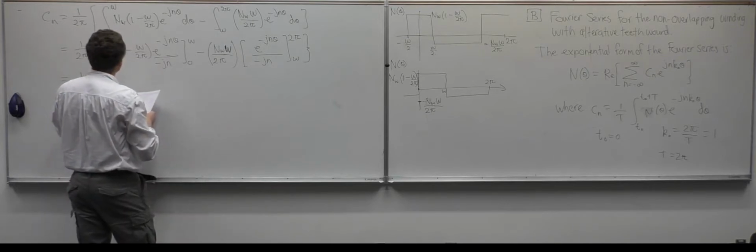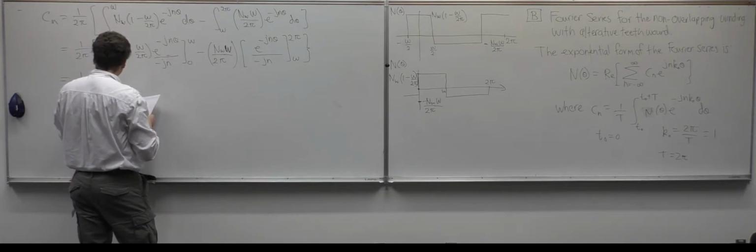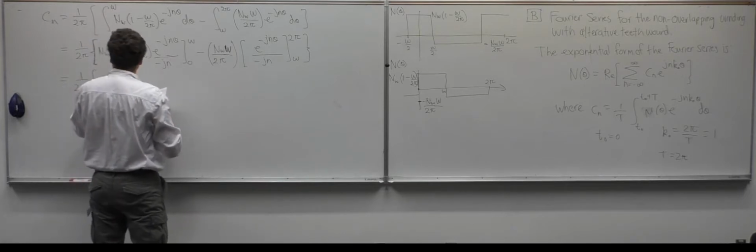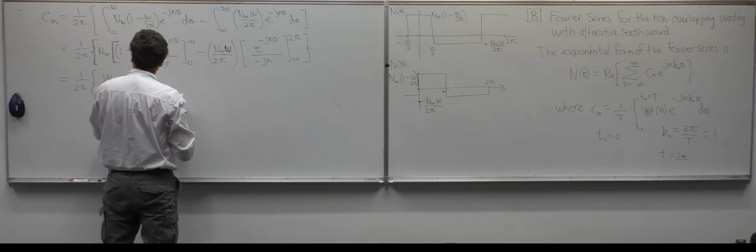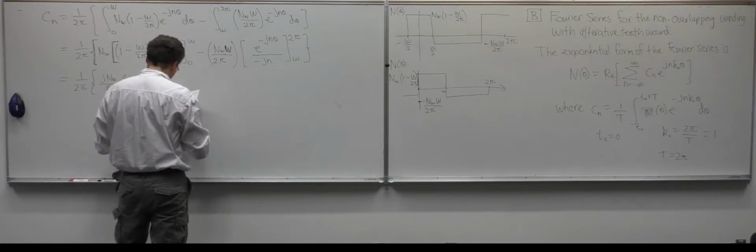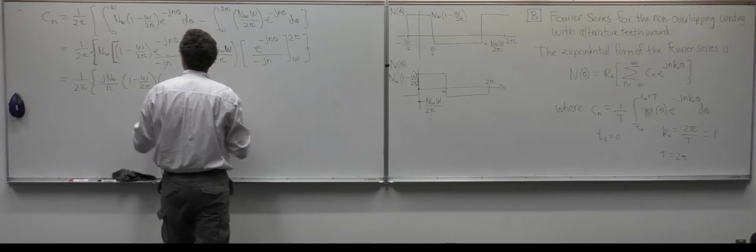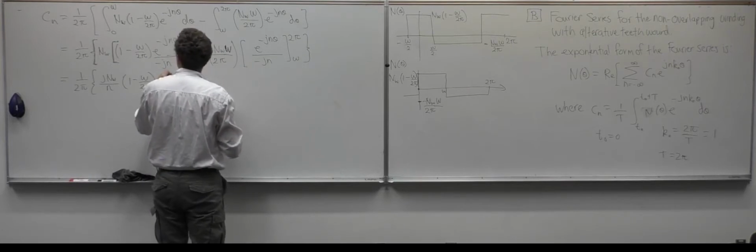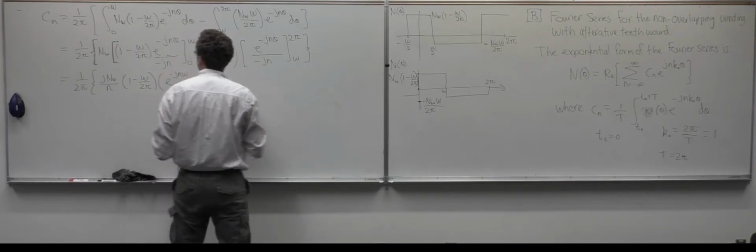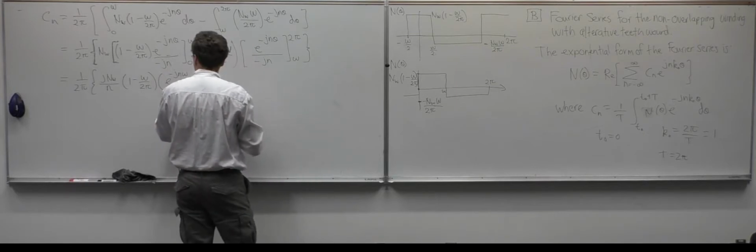So we have j n sub w divided by n times 1 minus w over 2 pi, times e to the minus j n w minus 1.